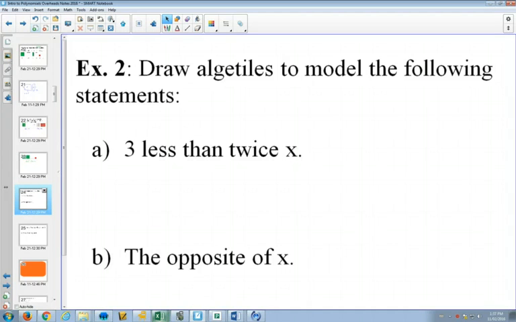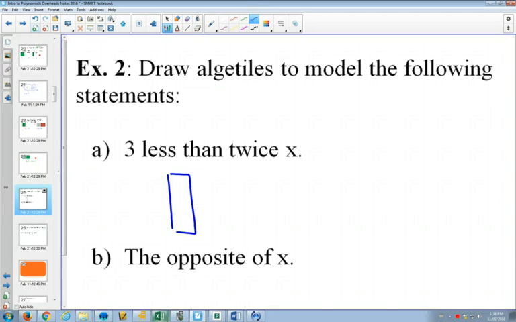So now we have the following statements, and you got to draw the right algebra tile picture. What would it look like to be 3 less than twice x? What do the x ones look like?